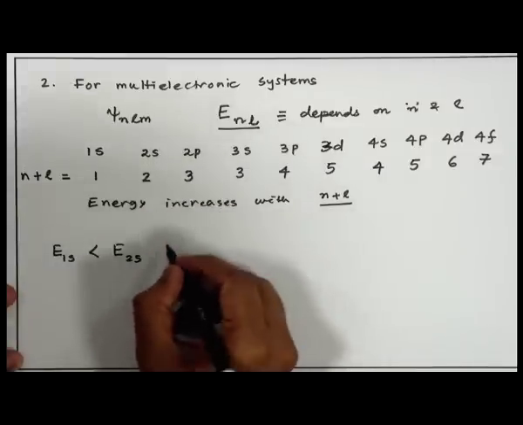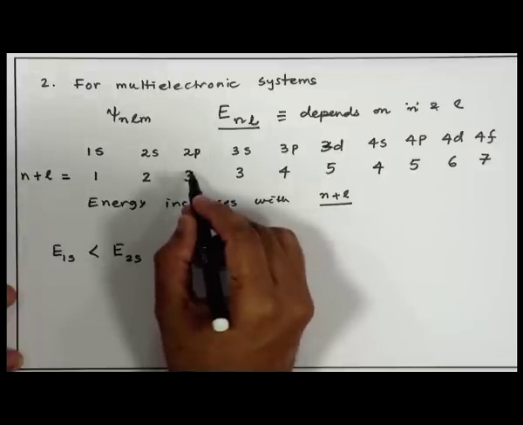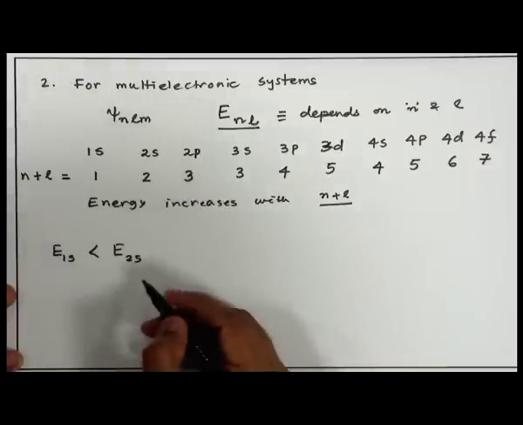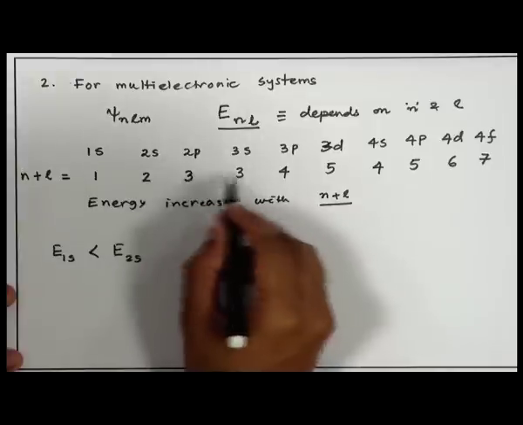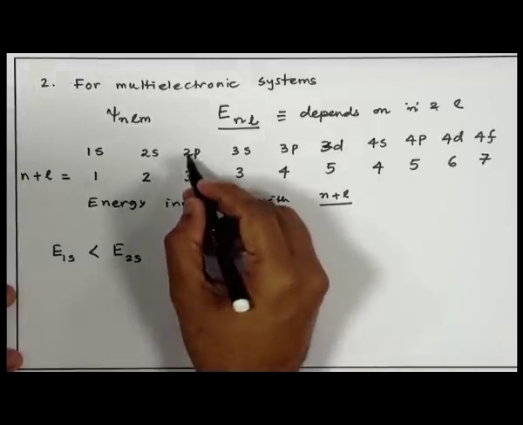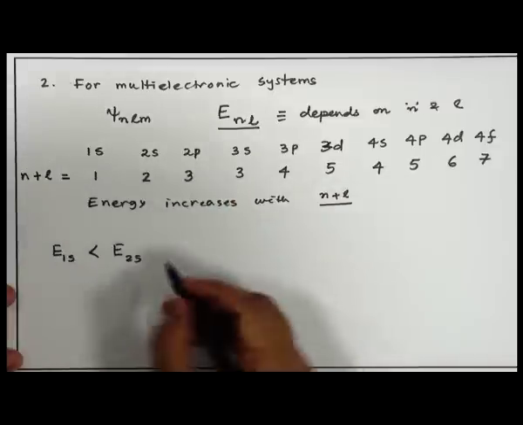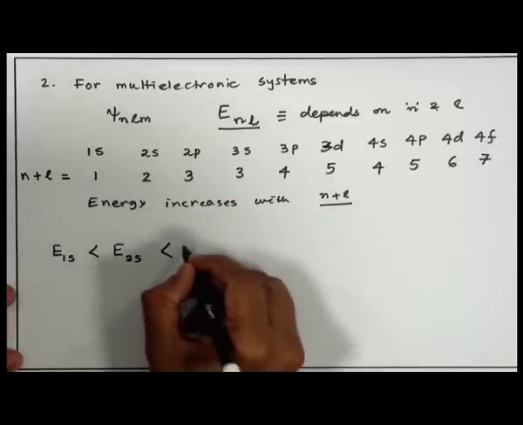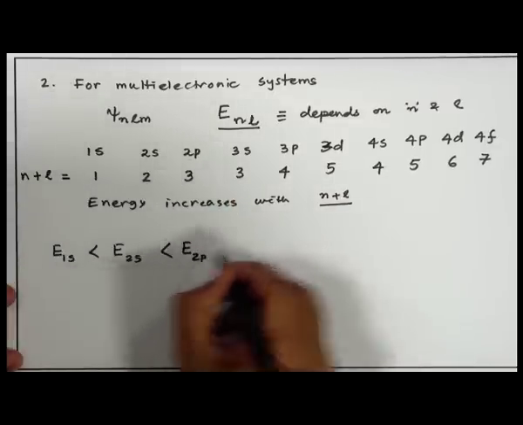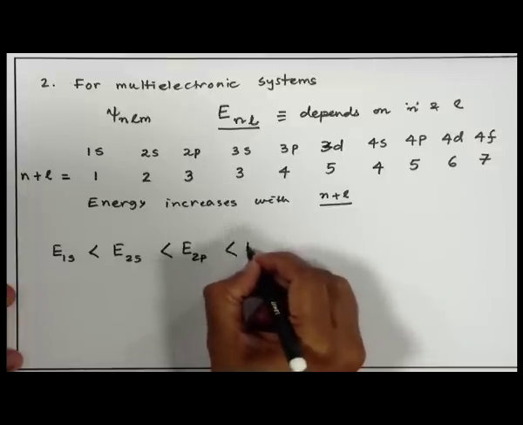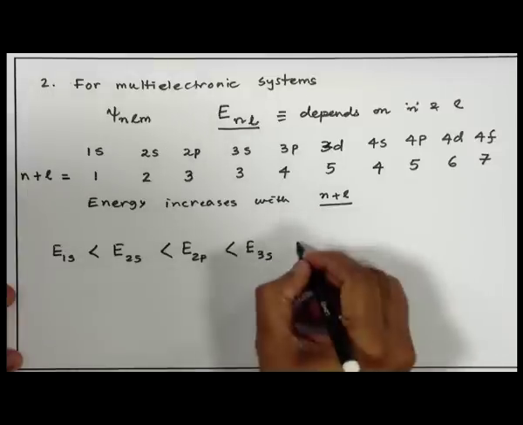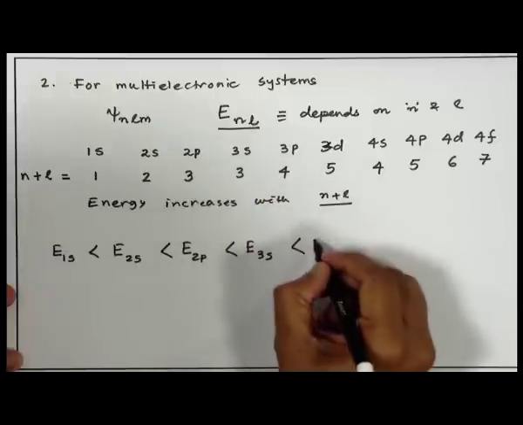That is 2p, and then you see both 2p and 3s have the same value of n plus l. When they have the same value of n plus l, the lower the value of n gets the precedence, or has lower energy. So, then comes E2p, E3s, then energy E3p.